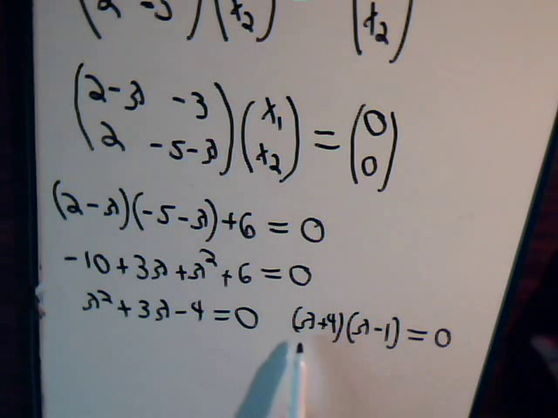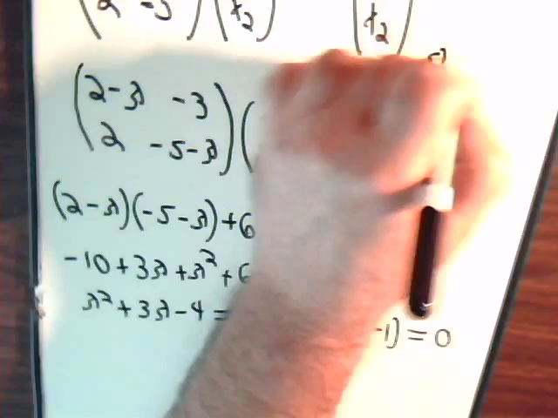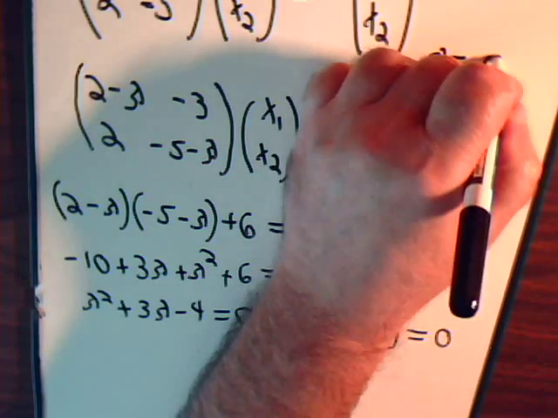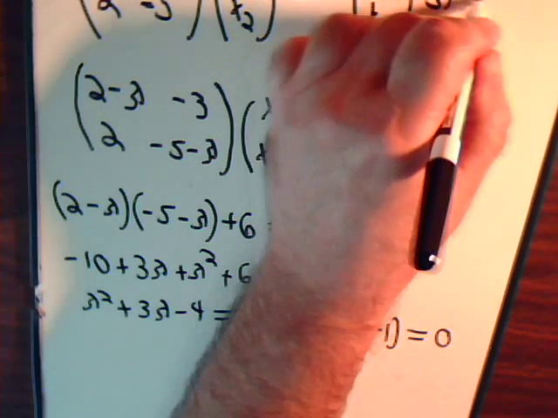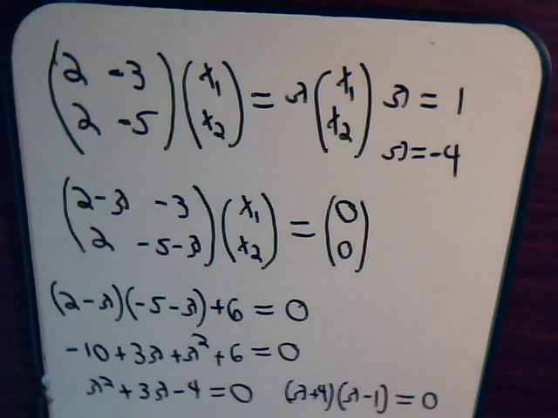Okay, so lambda is going to equal negative 4 and plus 1. Lambda equals plus 1 and negative 4.